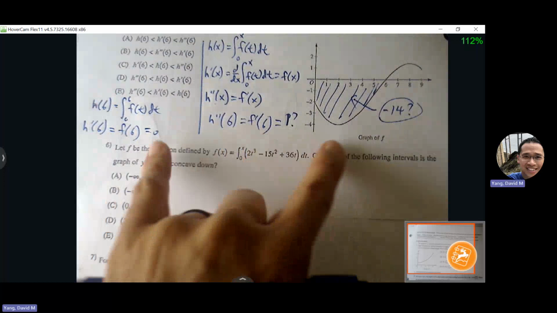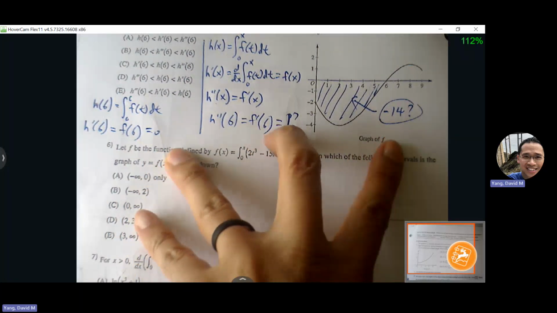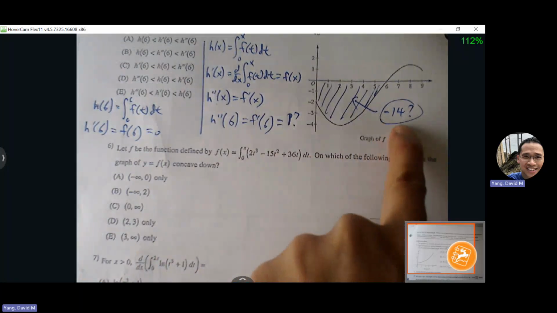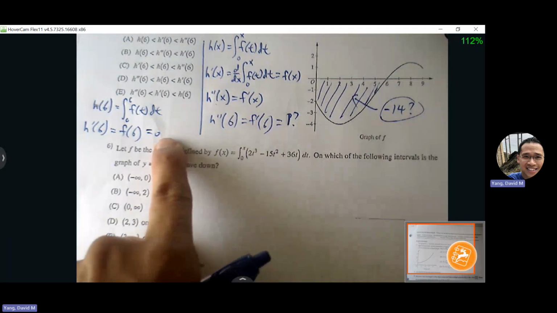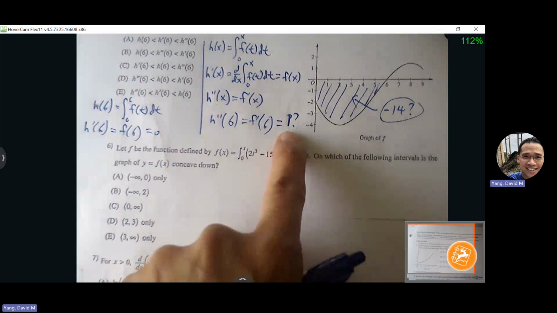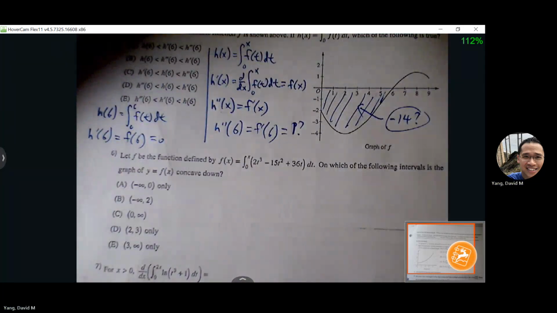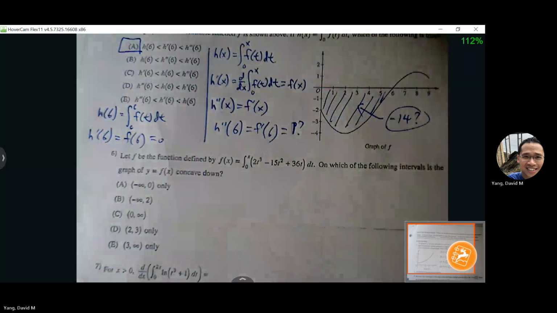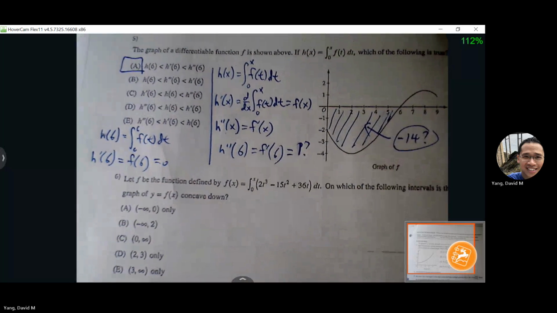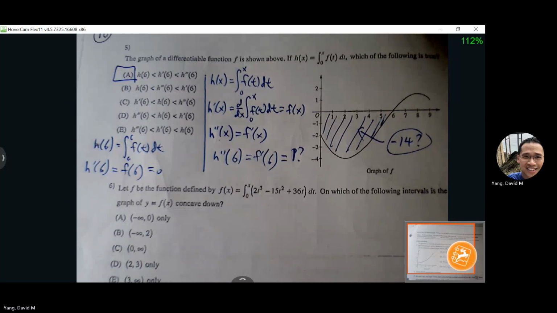So between 0, 1, and negative 14, we can decide which one is the smallest, right? We know the displacement is going to be the smallest because it's negative, followed by the 0, and largest is going to be the positive slope, which is 1. And a lot of second theorem here.